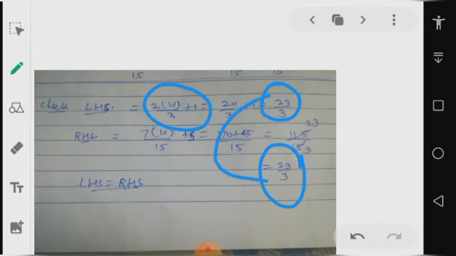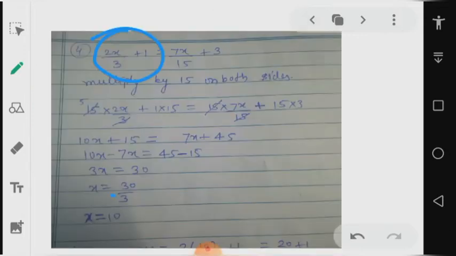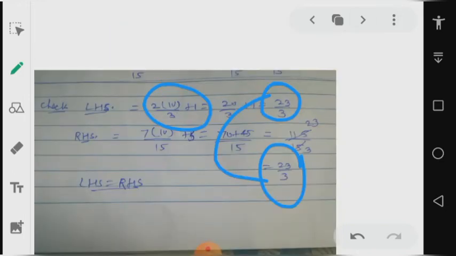Similarly in RHS we will put the value, and after simplifying we get 23 upon 3. As both the values are the same, it means LHS equals RHS, and our answer, the value of x, was also correct, that is x equal to 10.